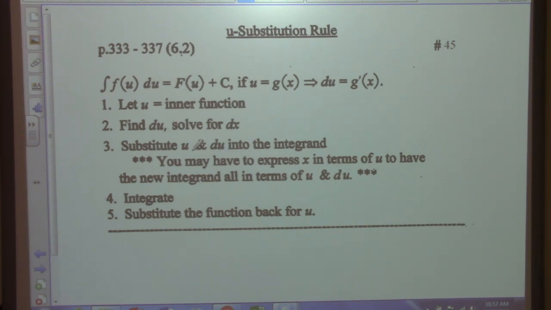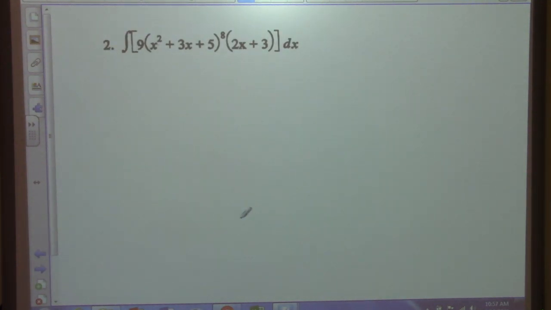Basically, if you have something that is a little bit too complicated to solve in our standard way of integration, this is an integration technique that enables us to deal with a little bit of complexity, or a lot sometimes. You could integrate this thing. Could you actually expand this out to the 8th power and multiply by 2x plus 3 and by 9 and integrate each one of those pieces?